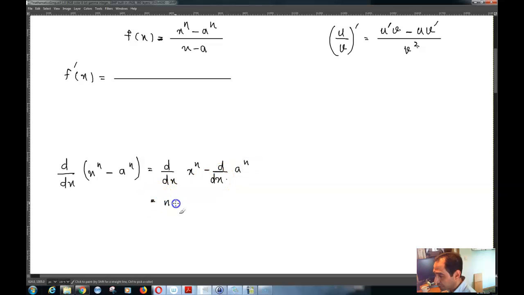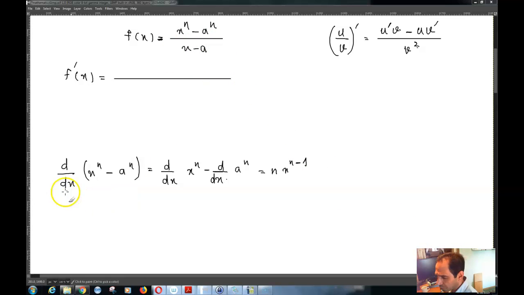This is n times x raised to the power n minus 1, and d by dx of a raised to the power n is equal to 0. So d by dx of this function is equal to n times x raised to the power n minus 1.